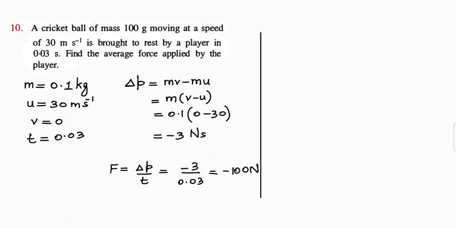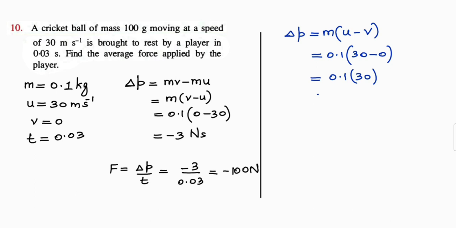Or you can do by the other method, that is change in momentum is nothing but, I told you, big minus small. U minus V also I can do. So the mass is same 0.1, but now it will be 30 minus 0. So therefore 0.1 into 30, that is 3 newton second.